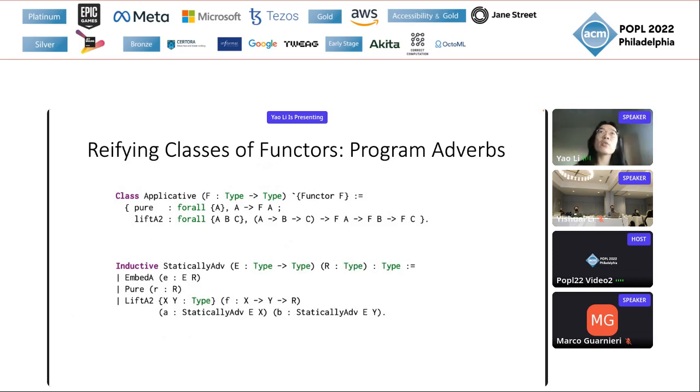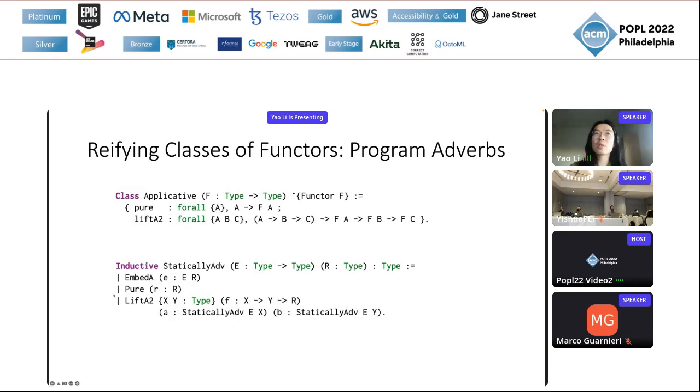So in this slide, on the upper side, I'm showing you the definition of applicative functor, in calculus. It has two operations: a pure operation that lifts a pure computation into something within the applicative functor, and liftA2 that connects two applicative functors together and returns something else. And we have a program adverb that reifies this applicative functor.